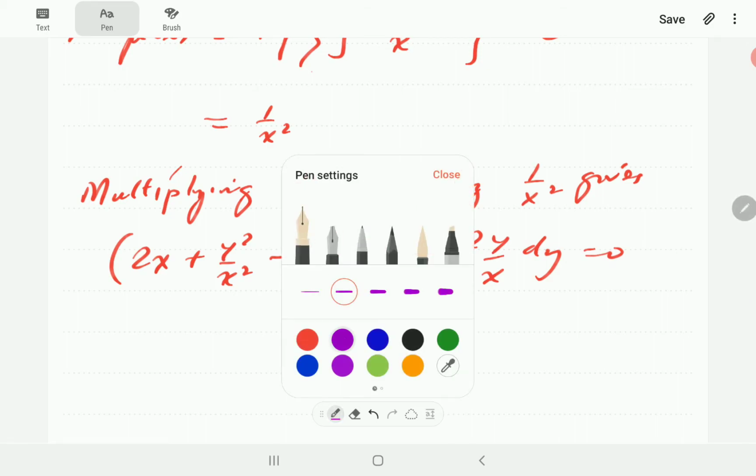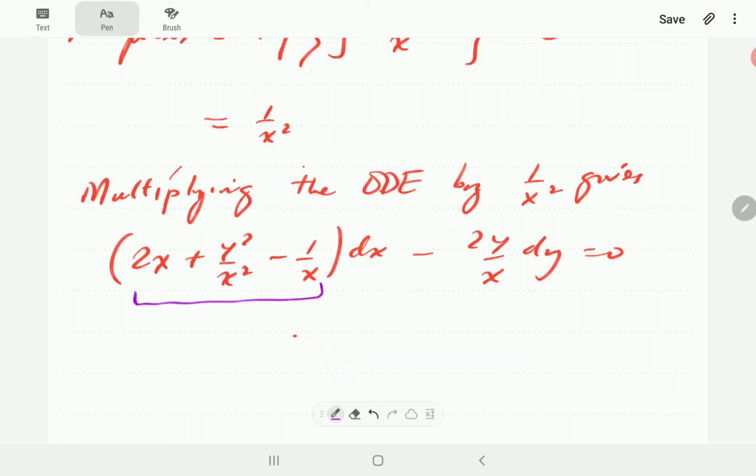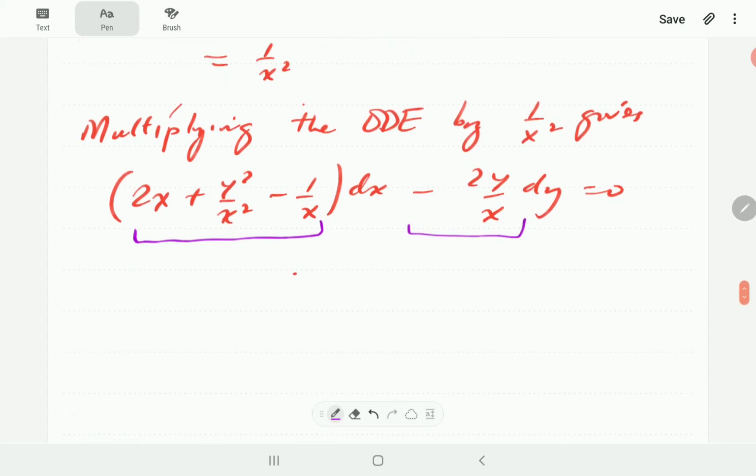So this time this is now our new M, and this is our new N. So let's see if this is now exact. If we do My, this now is going to be 2y over x squared. If we do Nx, this is now going to be the derivative of negative 1 over x, which is going to be negative 1 over x squared. So the thing is going to be now plus 2y over x squared.